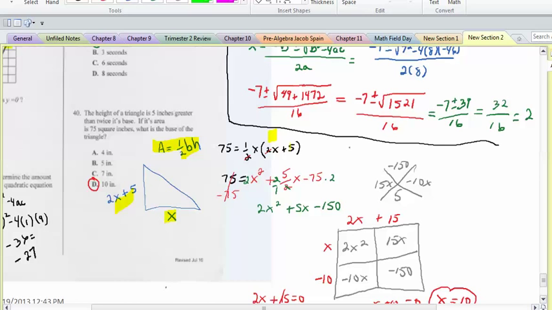I multiplied this with 5, so I got 5 over 2x. And then at the end, I subtracted the 75 over here to get everything that's in red. I then decided I want to get rid of the fraction, so I multiplied everything by 2, 2, and 2. So I got 2x squared minus 5x minus 50.